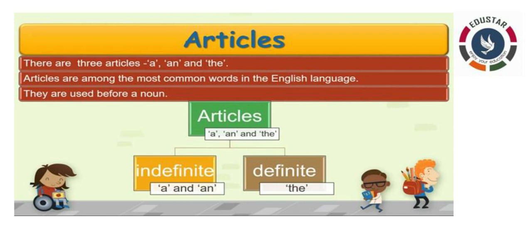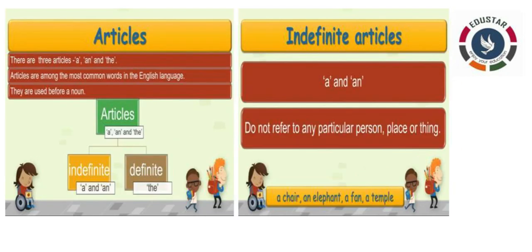So, a and the usually come before a noun. And already I told you what is a noun. Can you remember that? Articles are of two types. They are indefinite article and definite article. A and an are the indefinite articles. The is the definite article.